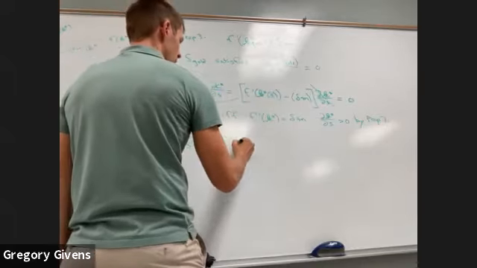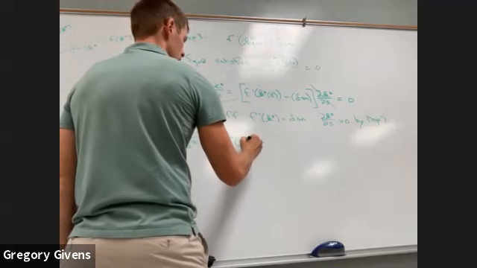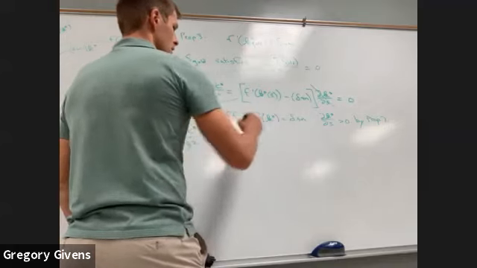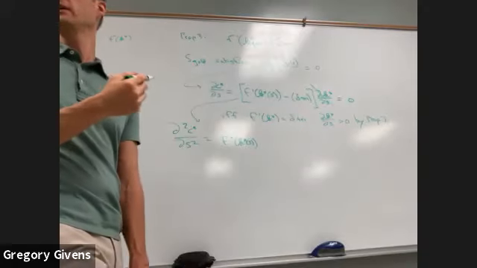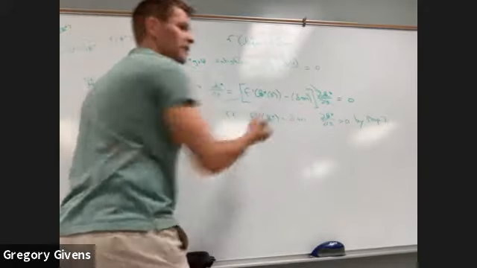F double prime of k star times dk ds times dk ds.